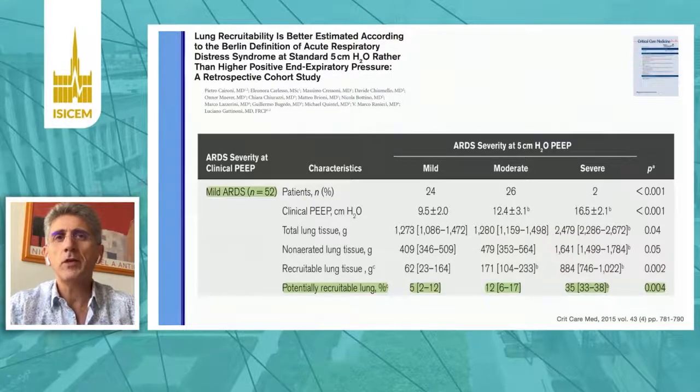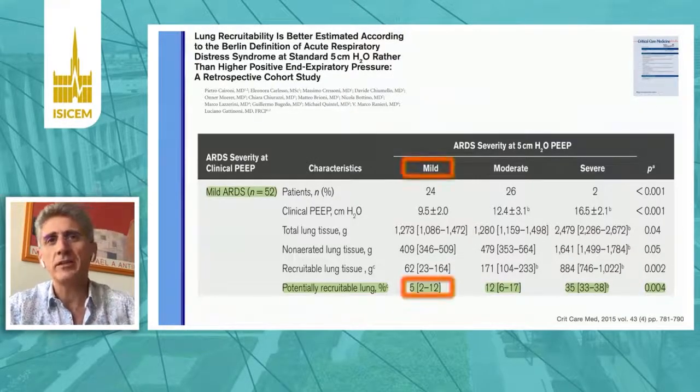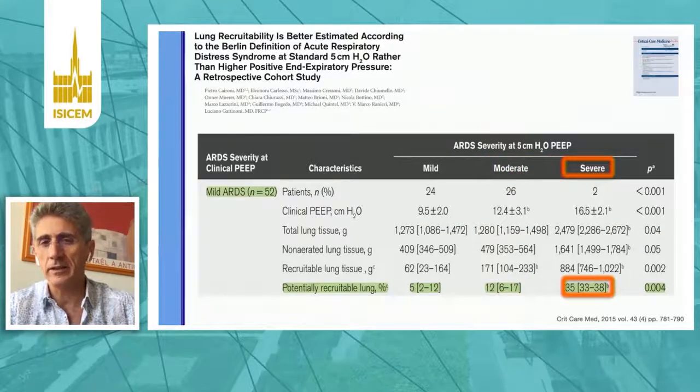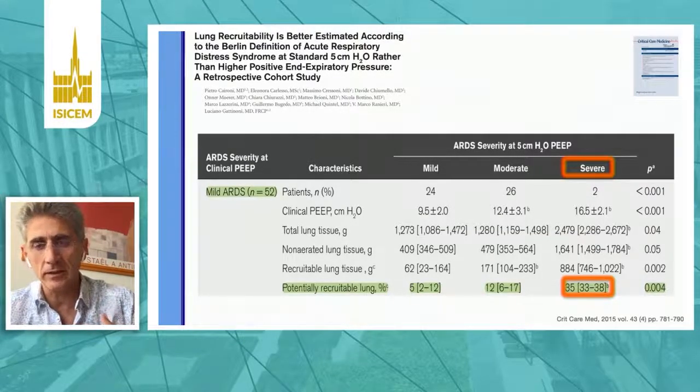And you can see that the patients with mild ARDS with a PEEP of 5 have a lower amount of potentially recruitable lung as compared to the patients with moderate or severe ARDS. So this is really something very simple that you can do at the bedside to assess the potential for lung recruitment, including in patients with COVID-19 ARDS.